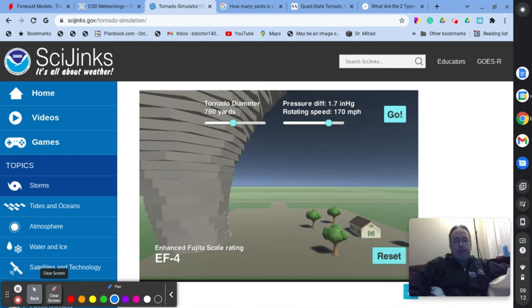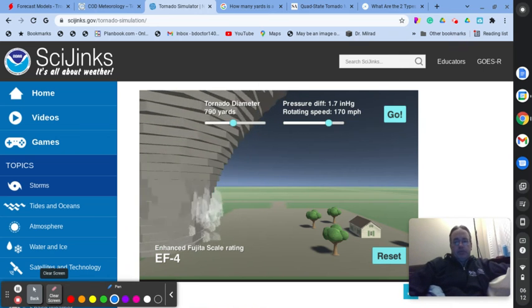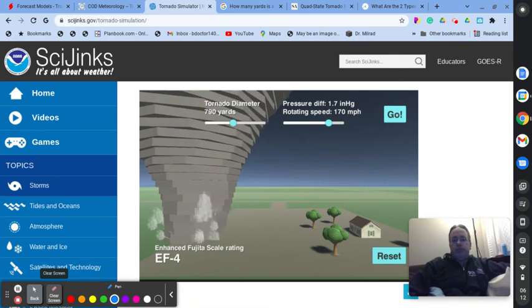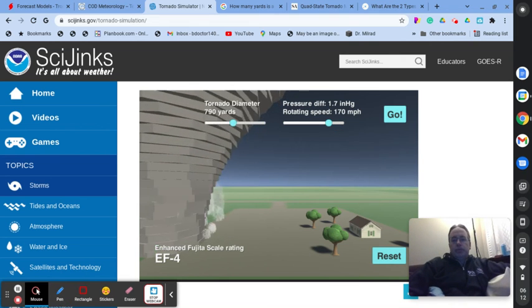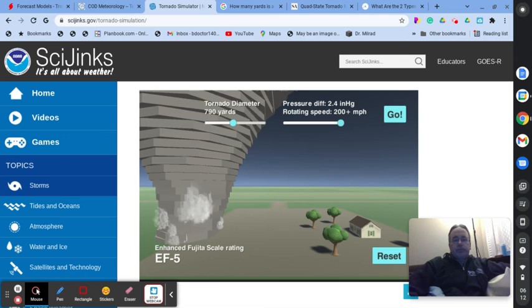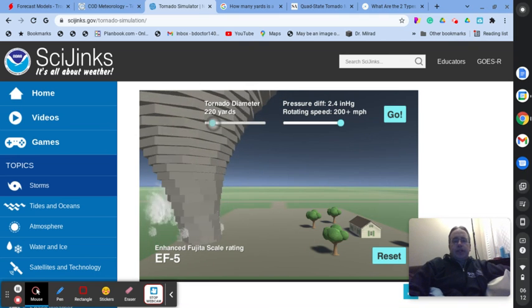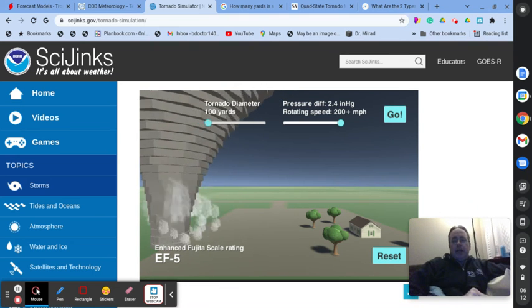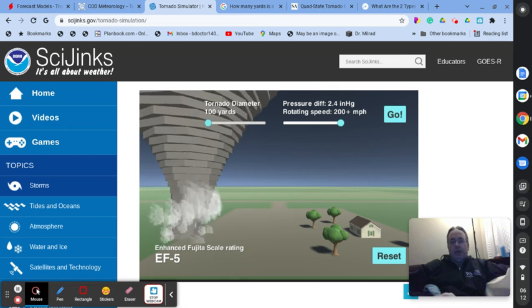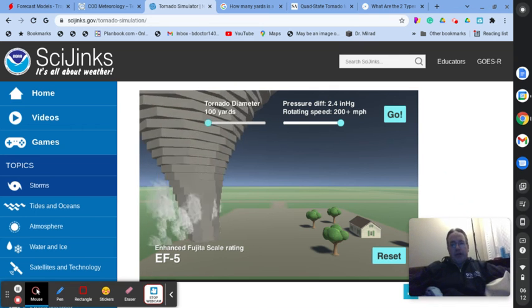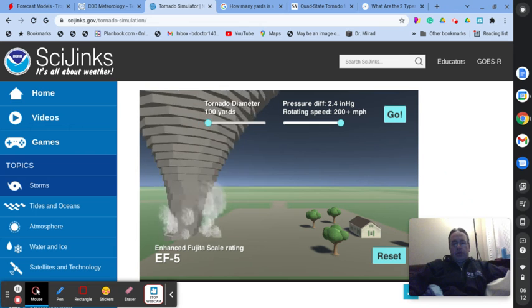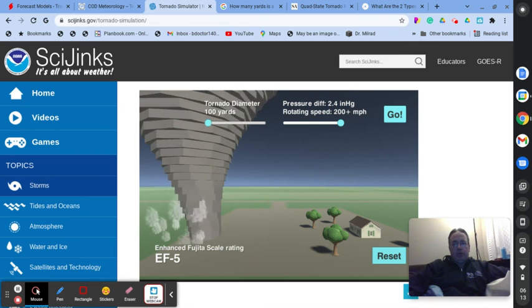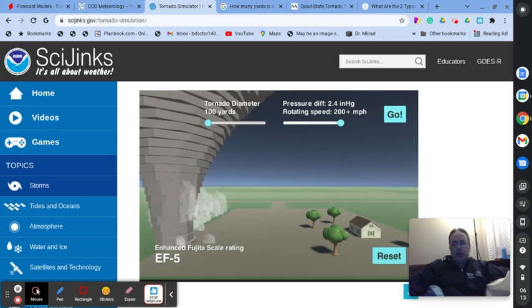Let me show you an EF5. Okay, now watch this. You can have an EF5 with wind speeds of 200 miles per hour plus, but a smaller tornado. I think I started it.